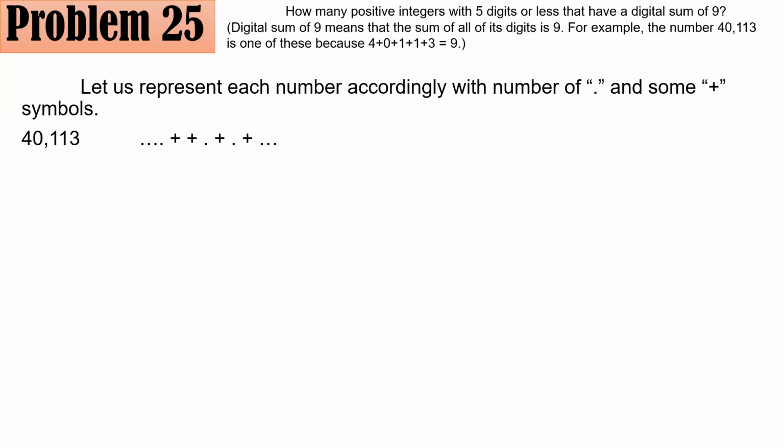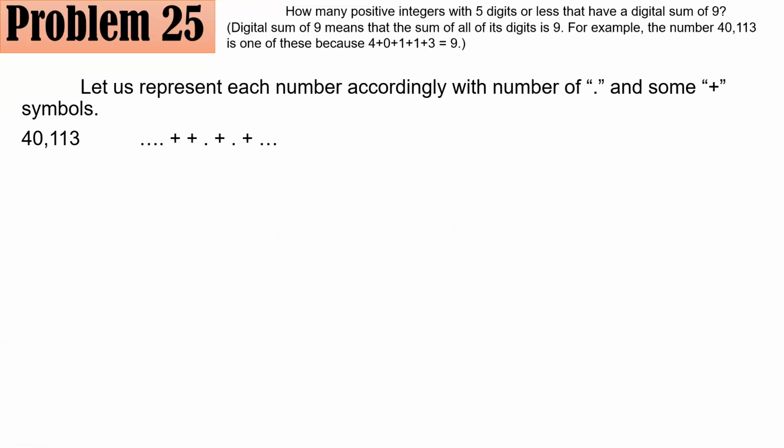If I have the 5-digit number, I represent 4 with 4 dots, plus 0, so no dot here, plus 1 dot, plus another 1 dot, plus 3 dots. So here, how many plus symbols do you see? You could see 4 plus symbols and 9 dots, right?